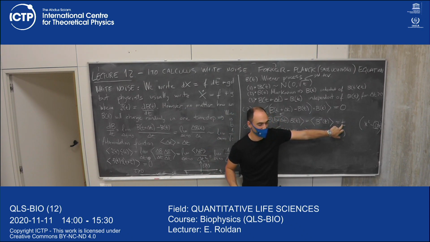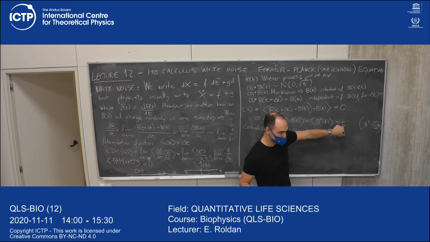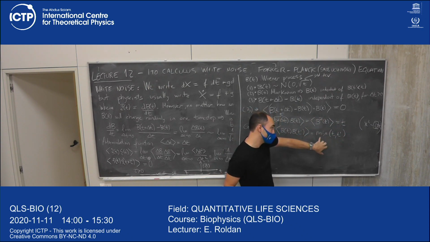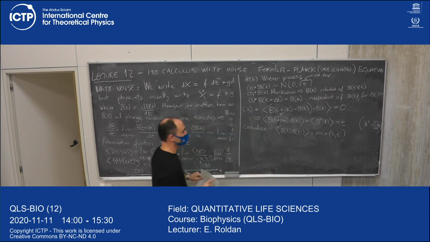If t prime were smaller than t, I would have t prime here. That's why I write this. This is the minimum of t and t prime. If t is smaller than t prime, this is t. If t prime is smaller than t, this is t prime. Okay, so I have this equation.